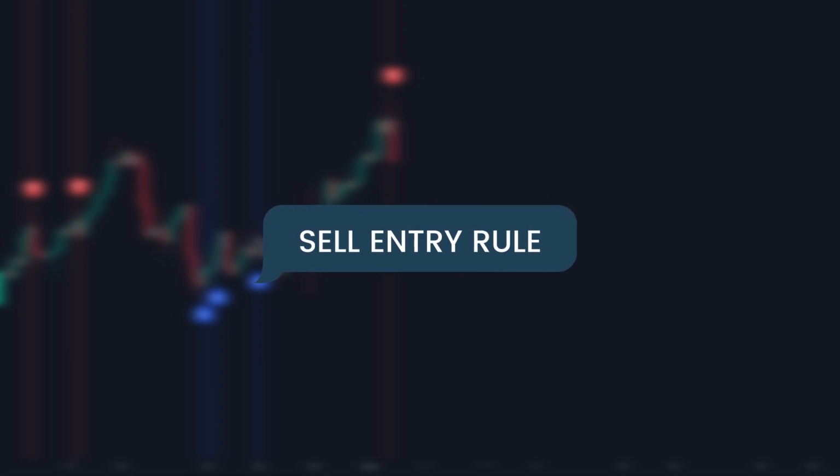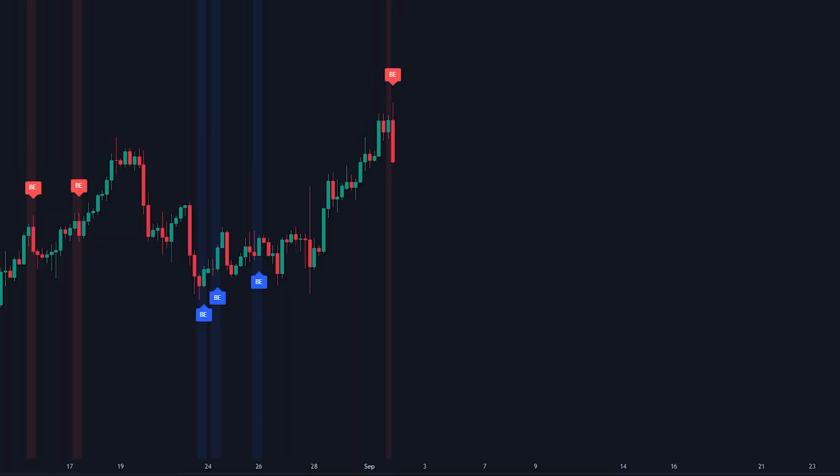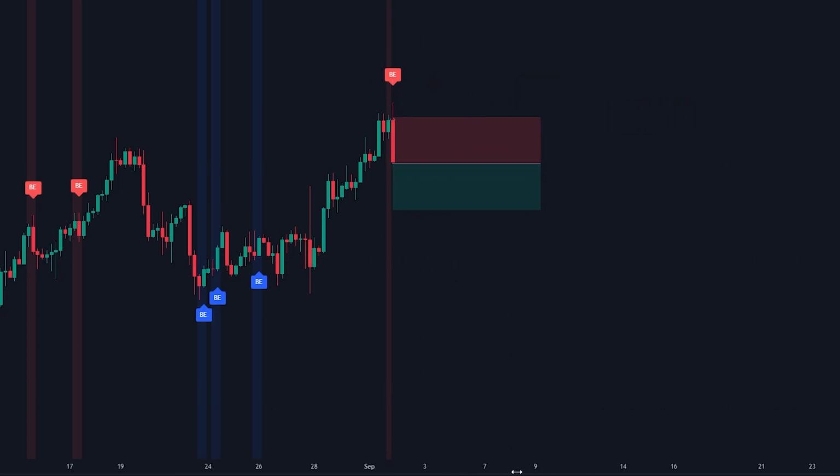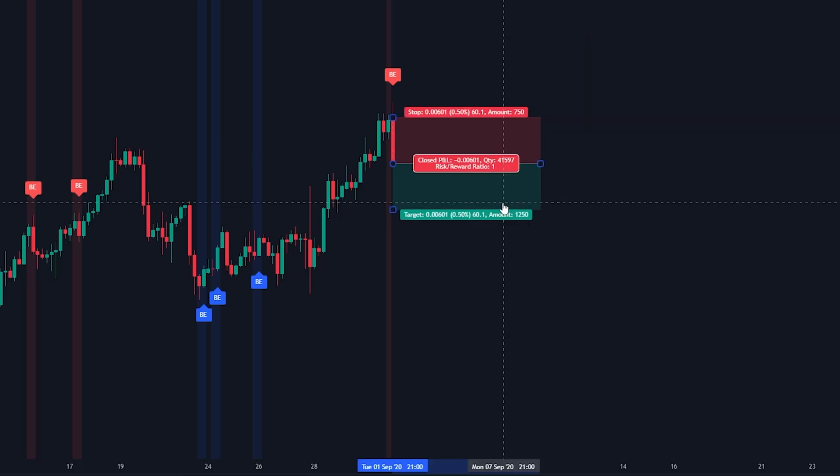I will give you an example for a sell transaction. You can see in the chart, there is an engulfing bearish signal. You can go for a sell order. Set the stop loss above the highest point of that candle.